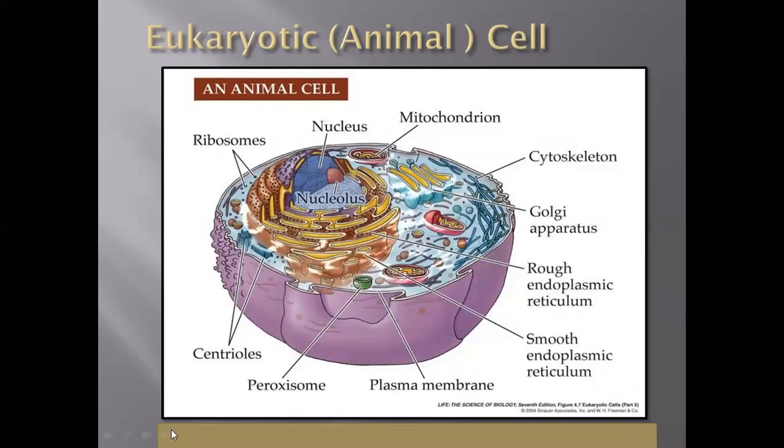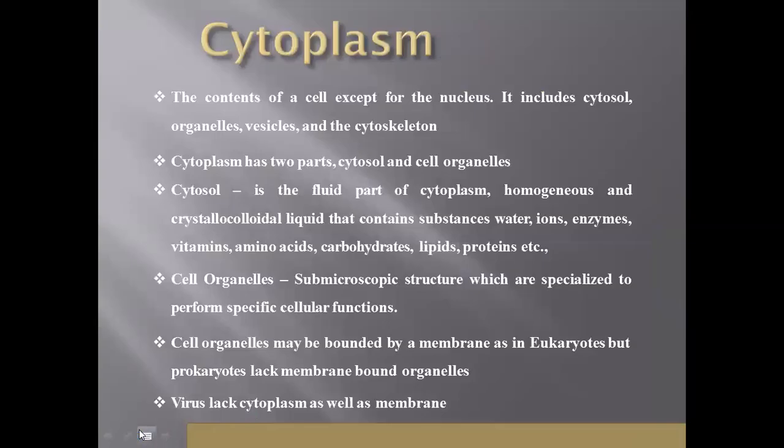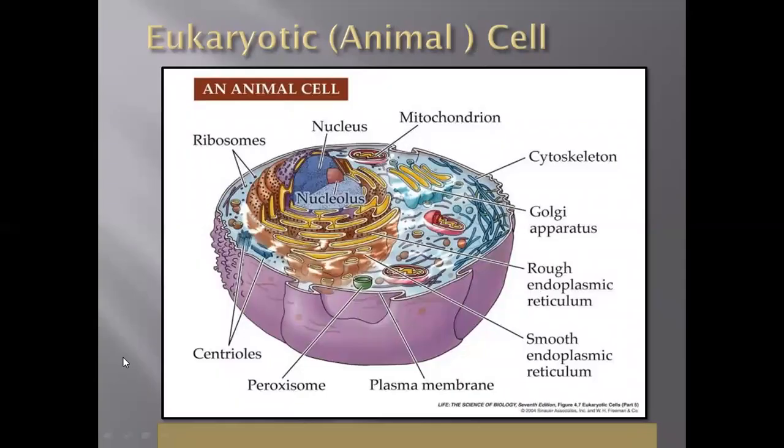Now, the eukaryotic cell, that is the animal cell. What does it contain? Let's start with the plasma membrane, the outer one. Inside it, this one is the nucleus. The nucleus has a nucleolus and nucleoplasm.